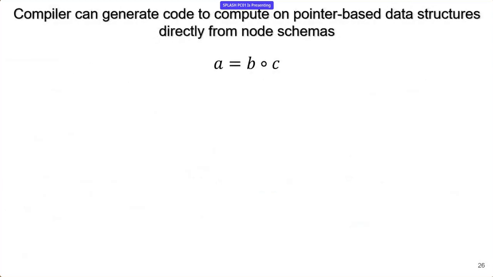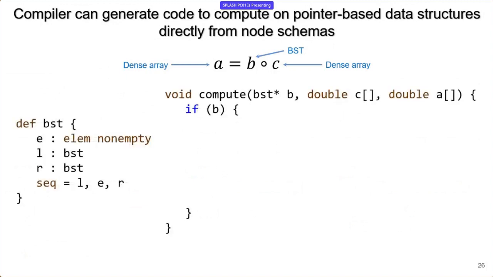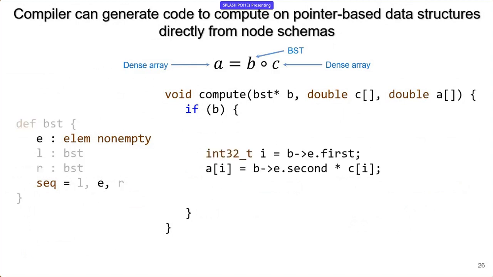Now I want to generate code. Since we say we can do this level by level, just look at one level. That means you're looking at vectors. I am doing element-wise multiplication of two vectors. Assume I am getting one output and one input that is dense, and one is a binary search tree. So I get my data structure representation I need to compute. If the binary search tree is present, I go to the element, get the value, and do the computation.